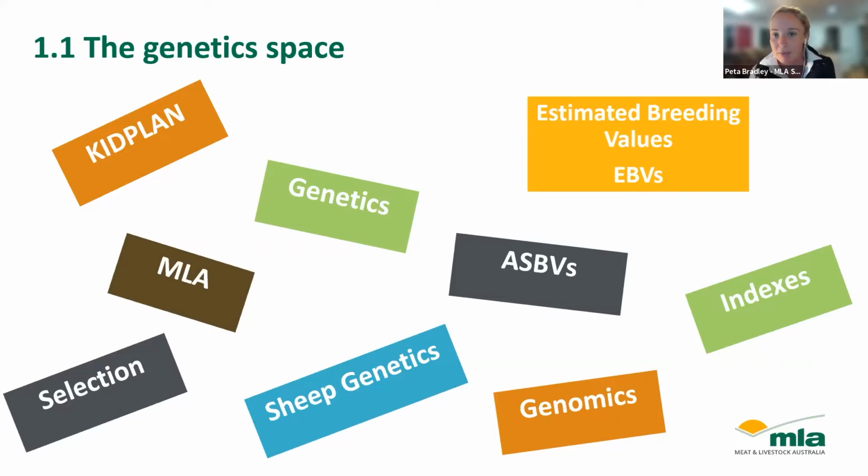So we're talking about KidPlan genetics, estimated breeding values, throwing in MLA, Sheep Genetics, ASBVs. What do all these words and terms have to do with how we deliver genetic evaluation for goats? My coming slides will try and articulate how we go about providing genetic selection tools for you to use as part of your breeding programs.